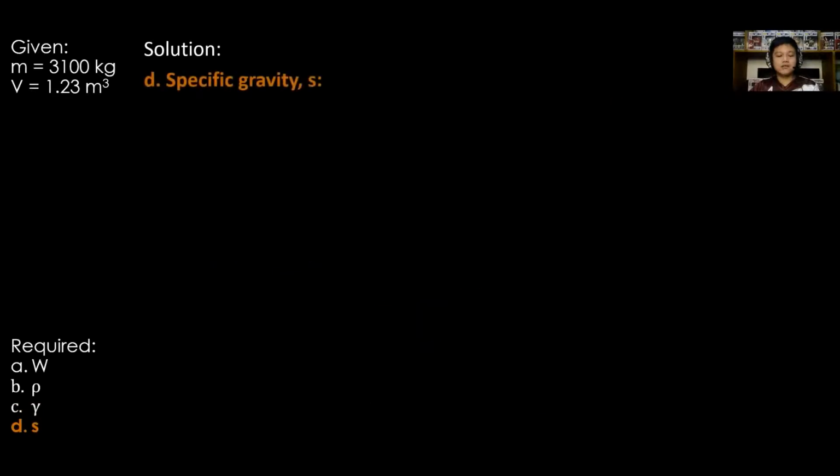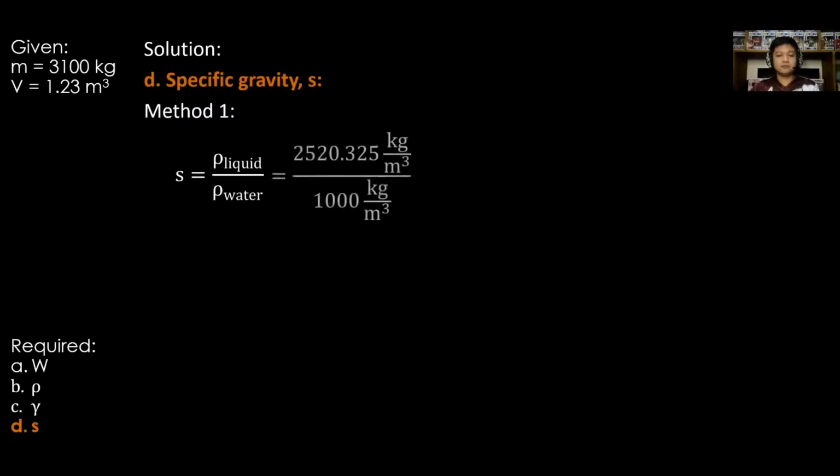For the specific gravity, we will as well consider two methods. For method number 1, we will consider the values of density. Thus, S is equal to rho of the liquid over the rho of water, or that is 2,520.325 over the standard rho of the reference fluid, which is water, that is 1,000.